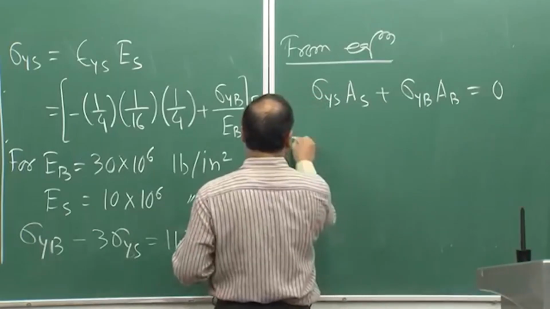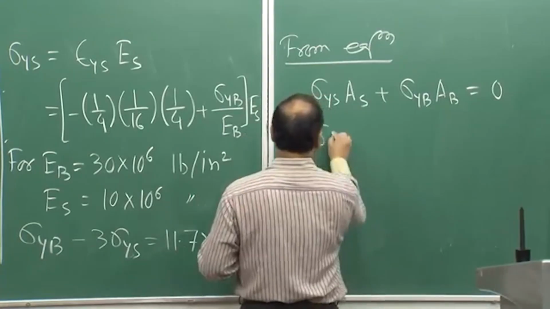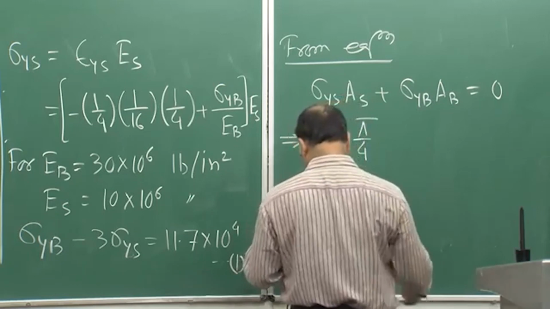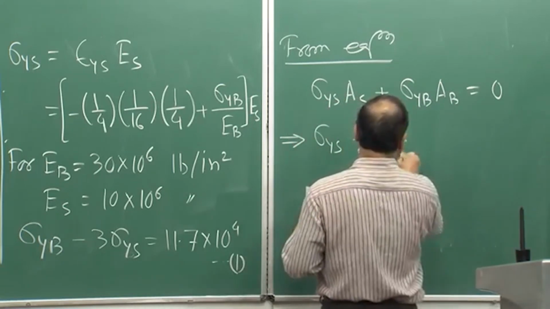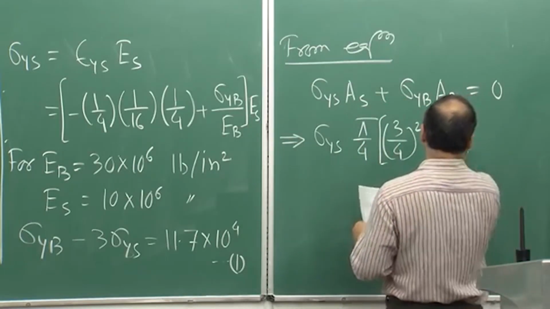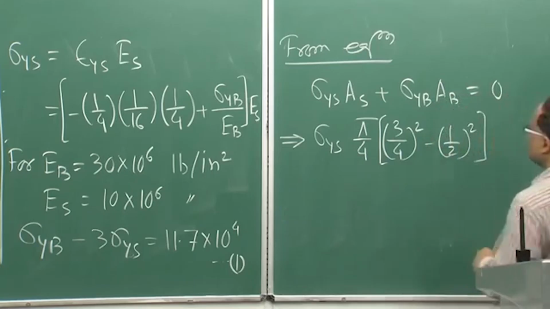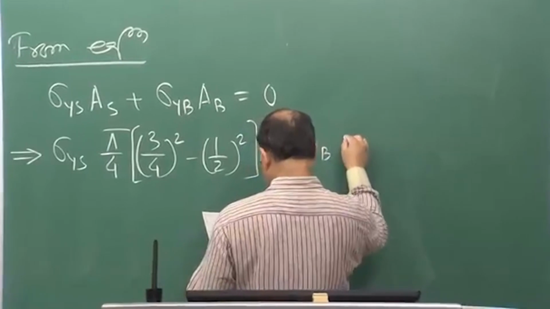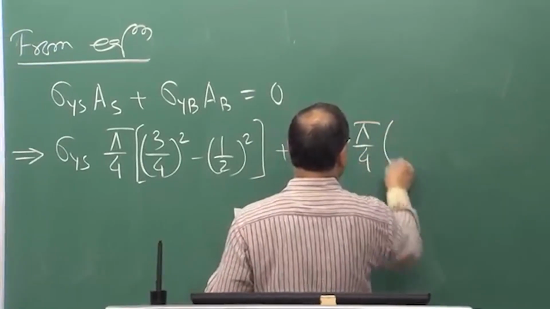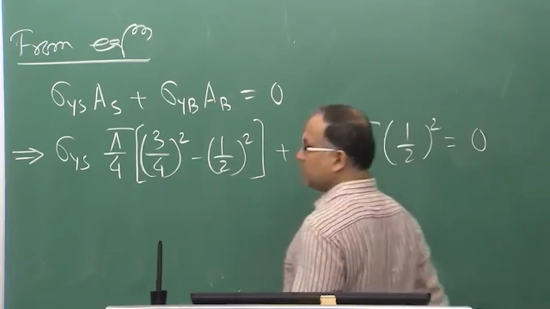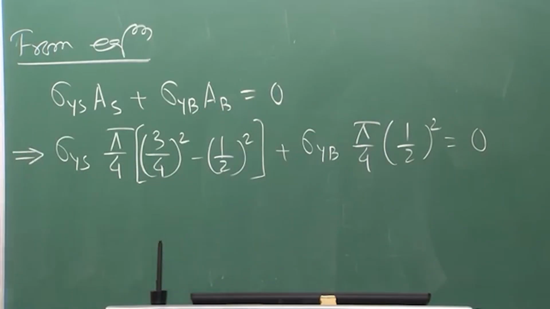So, this can be written as sigma y s times the cross sectional area, 3 by 4 whole square, that is the outer diameter minus inner diameter, that gives the cross sectional area of the sleeve, plus sigma y b into pi by 4 into half, that is nothing but the diameter of the bolt.